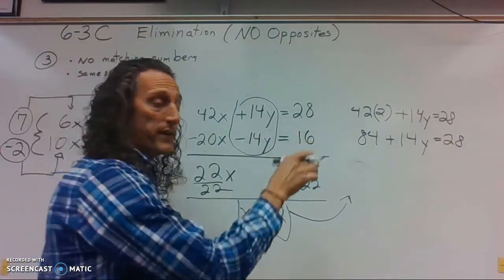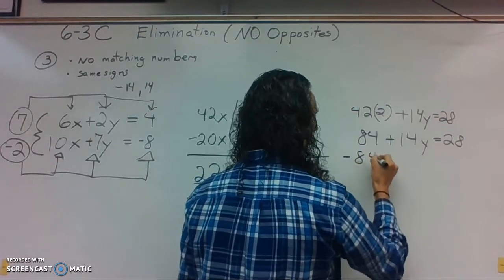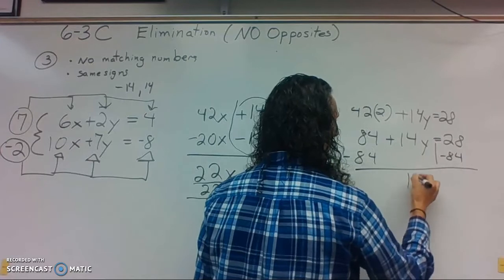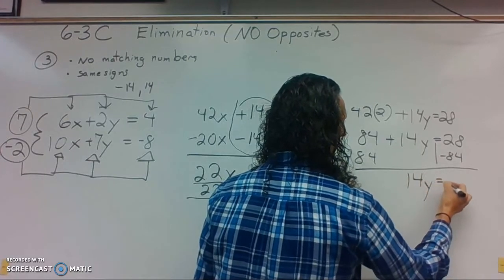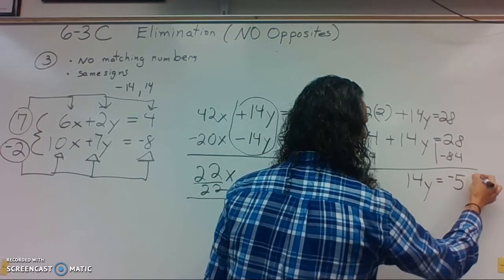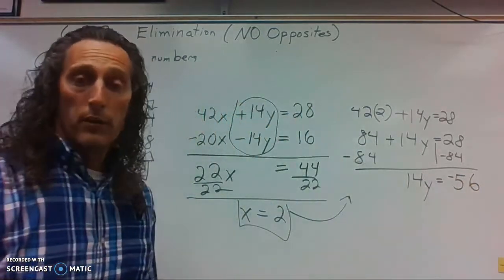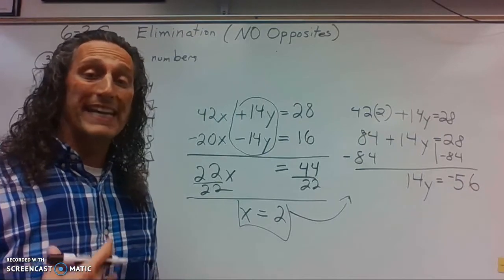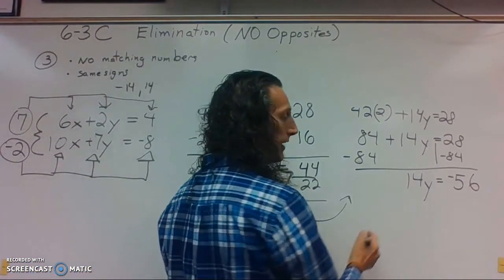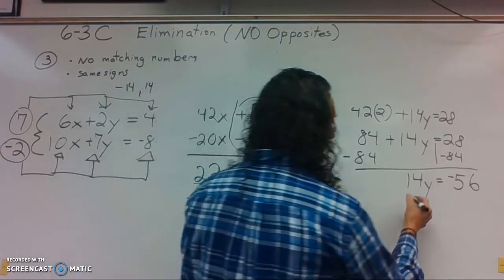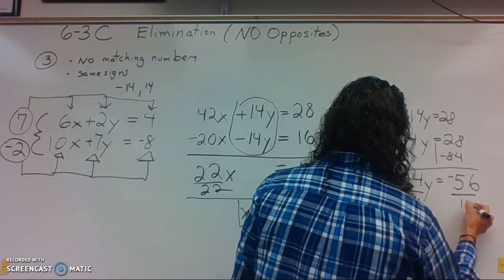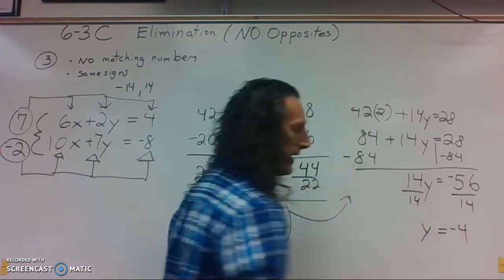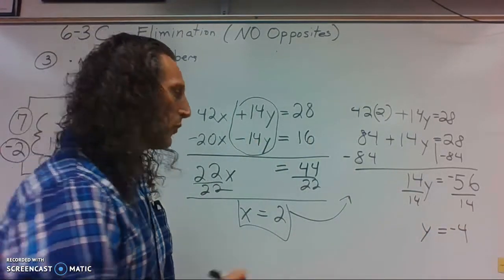Two-step equation. I'm going to minus the 84. 28 plus negative 84 is going to give me a negative 56. Now, so I'm going to divide by my 14. And my final answer for that will be y equals 4. Put them together.